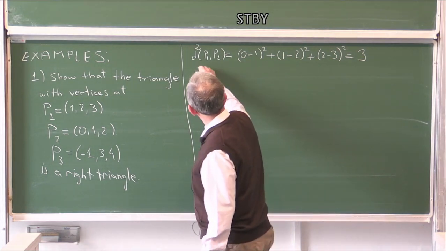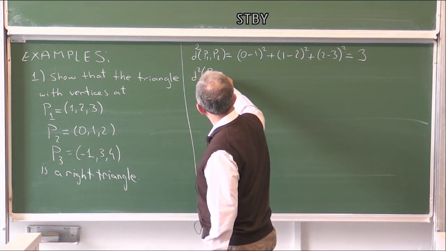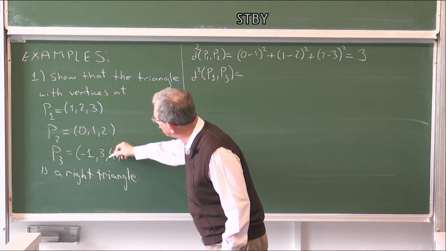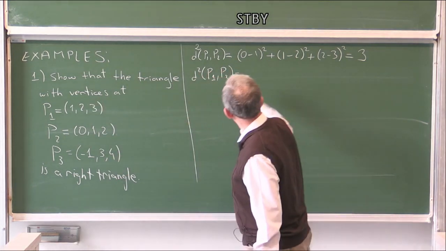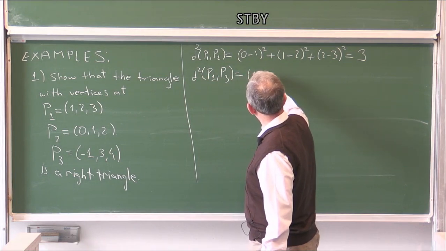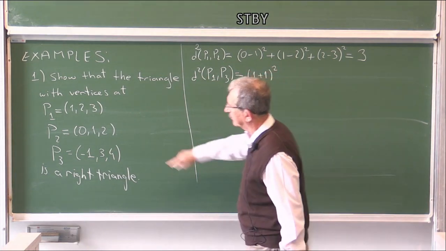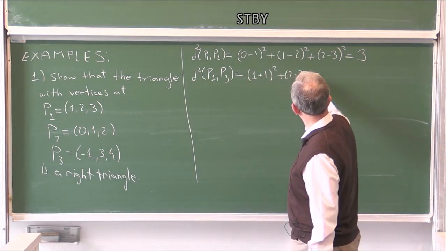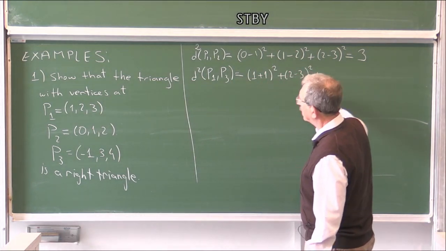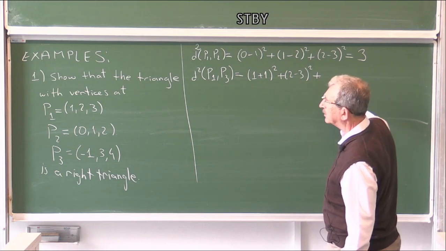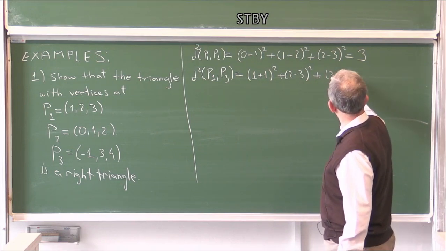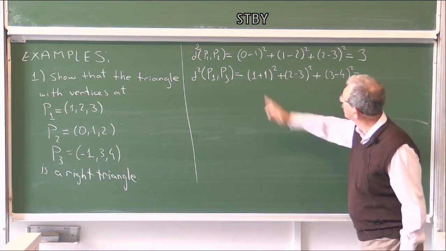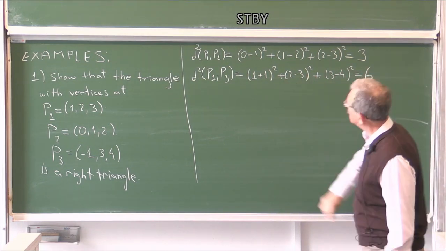I will calculate the distance between P1 and P3. The differences would be (1 plus 1) squared, (2 minus 3) squared, and finally (3 minus 4) squared. This is 4, 1, and 1, so that is 6.